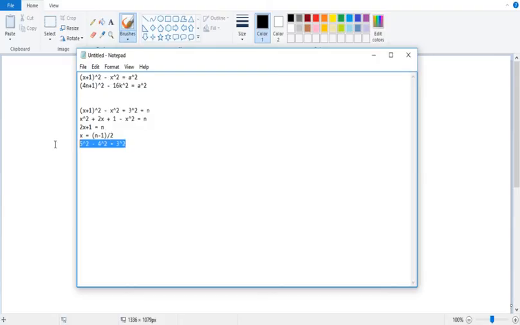And here you can have n, (n plus 1) squared. Is that it? No. I mean ((n minus 1) divided by 2 plus 1) squared.